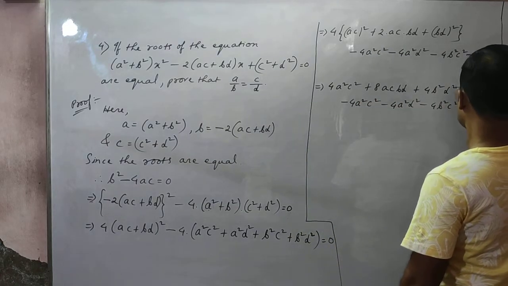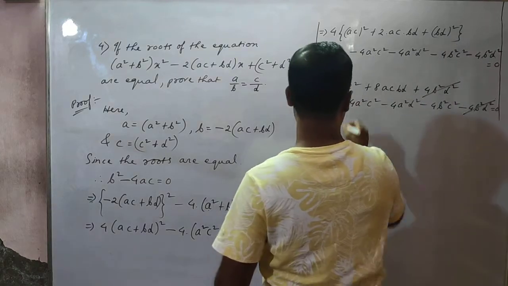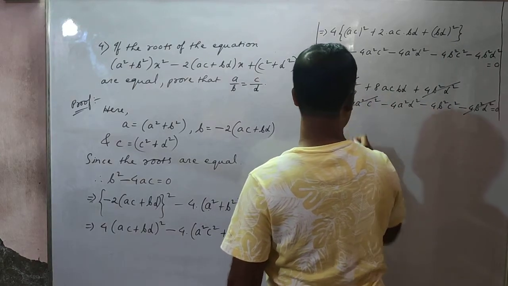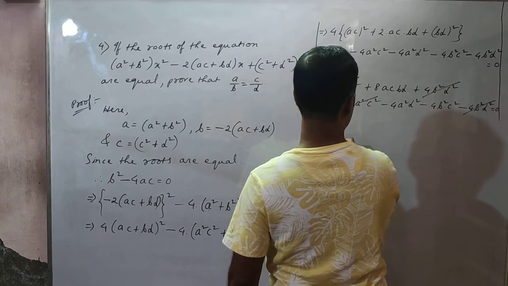So 4 b square d square is cancelled, and 4 a square c square is cancelled. Then what will happen, students?